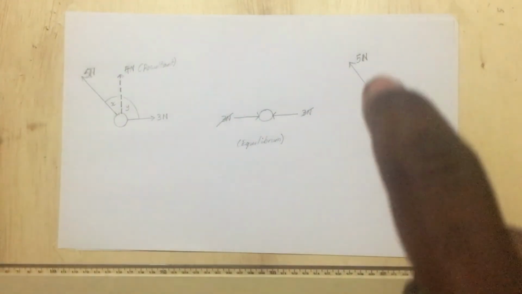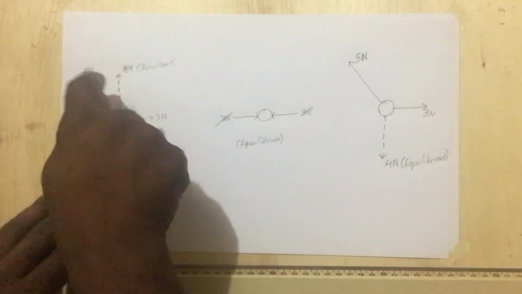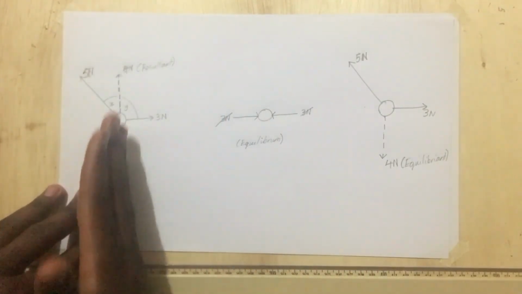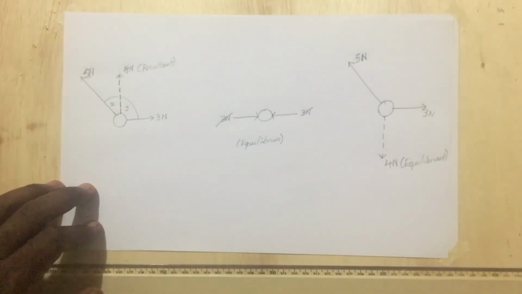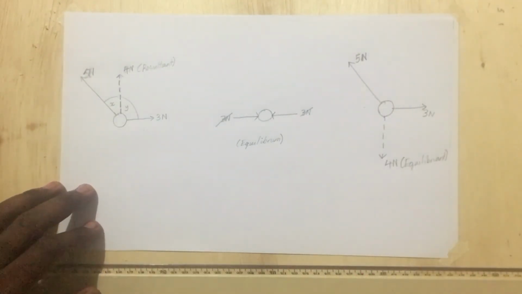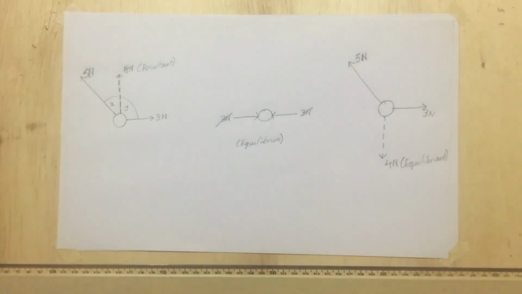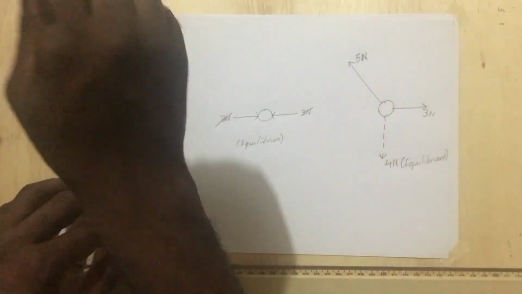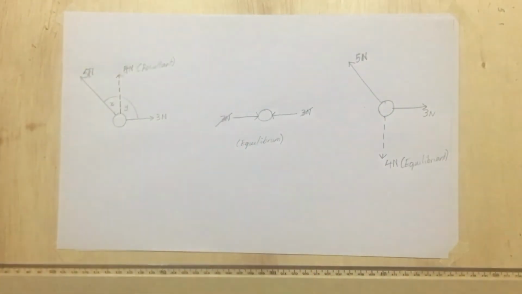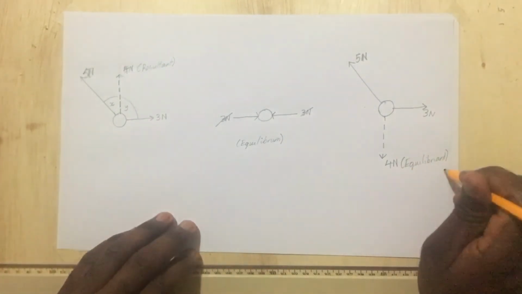Now, if you want this body that is not in equilibrium, by the way, because it's moving in the direction of the resultant force, to become in a state of equilibrium, you have to add a force that is equal but opposite to the resultant force, and this force will now be called the equilibriant.